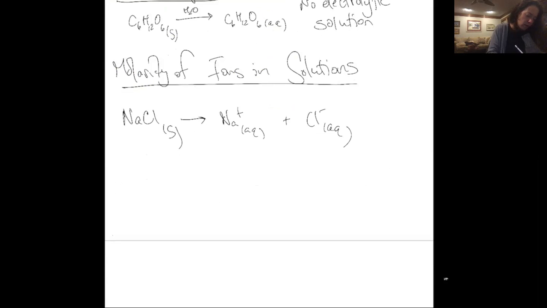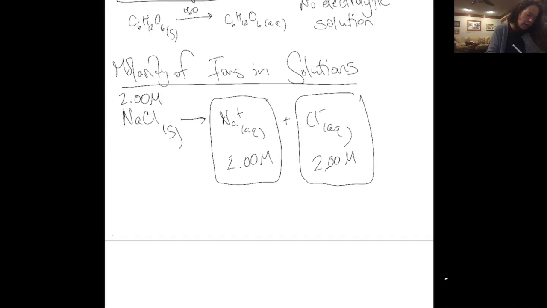If this is 2.00 molar initially, then we end up with 2.00 molar sodium ions and 2.00 molar chloride ions. And we actually end up with 0 sodium chloride, right?